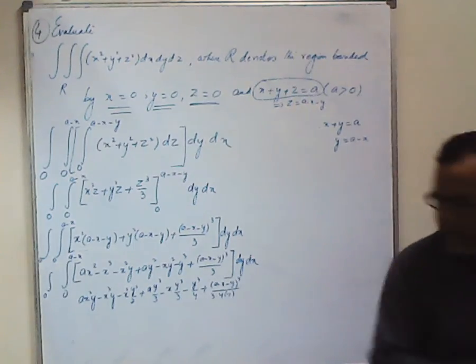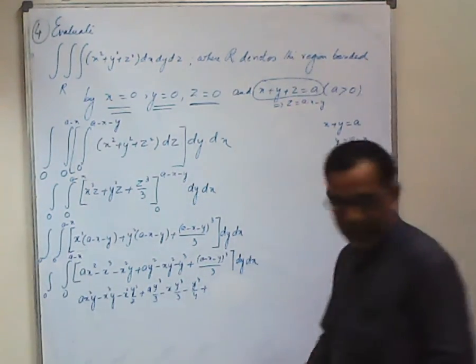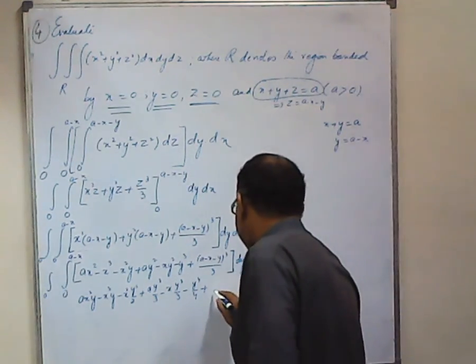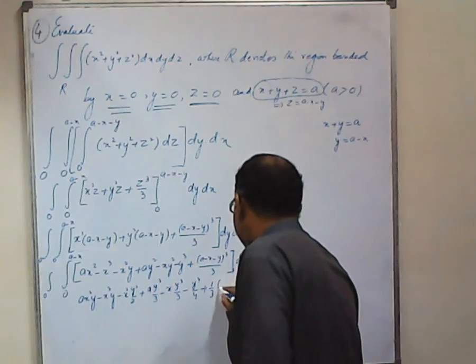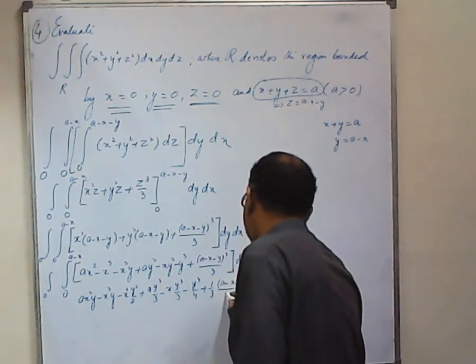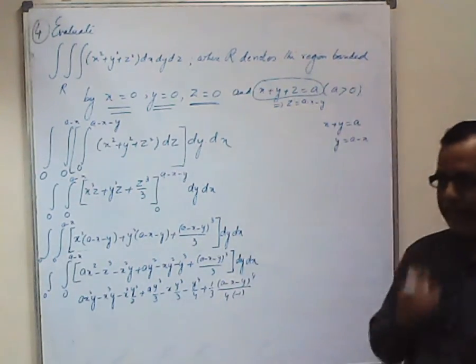It is better to write it again, because it is not clear to you in the vision. So I am writing it again. So this is a minus x minus y whole power 4 upon 4, and the derivative is here minus 1.